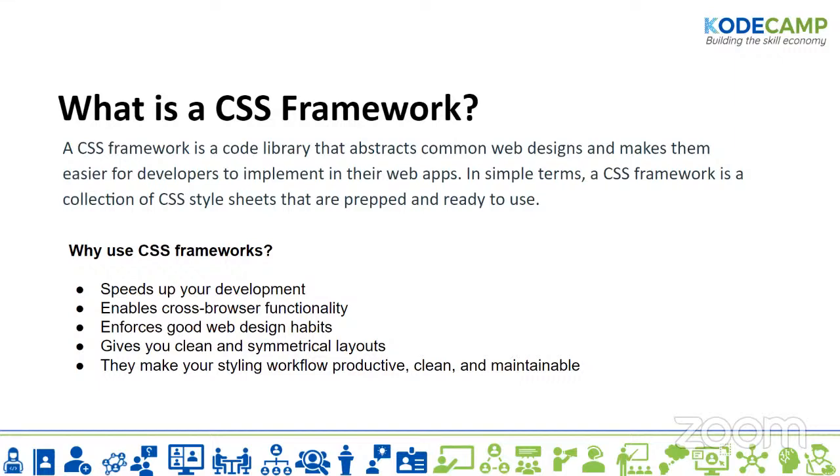That is how the CSS framework came in. So what's a CSS framework? A CSS framework is a code library that abstracts common web designs and makes them easier for developers to implement in their web apps. So I want to create a nav bar.